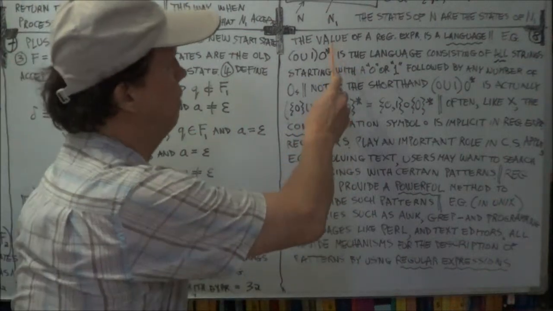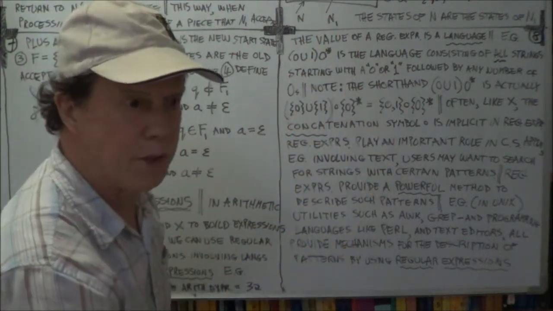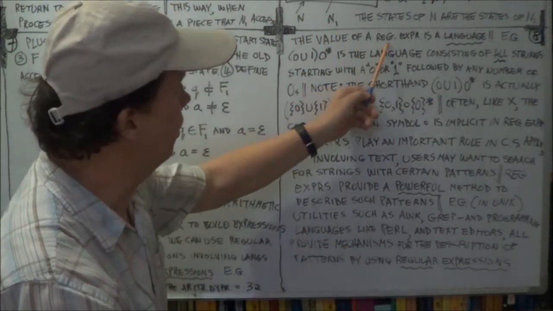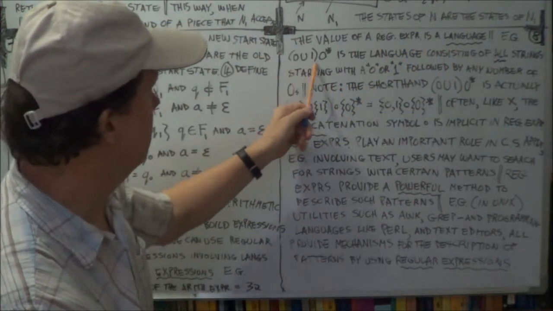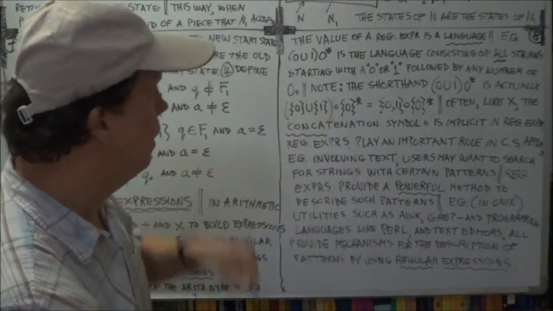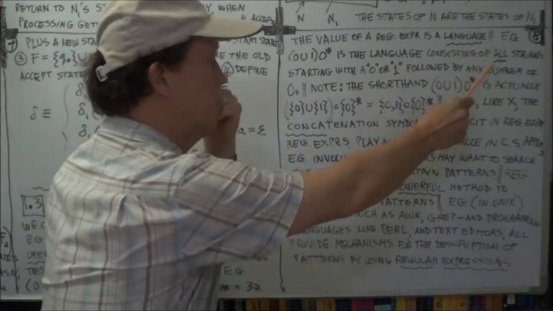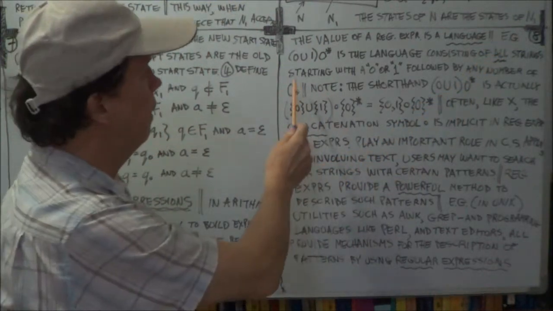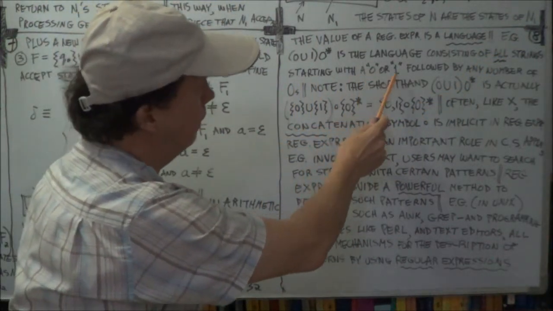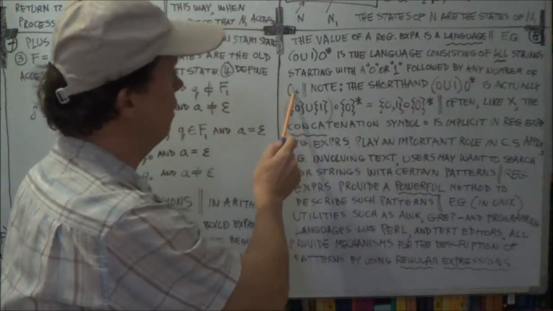Just saying, what you get after you've finished the evaluation of a regular expression is a language. And this, just shorthand, is what I was saying. It's a language consisting of all strings that start with a 0 or a 1, and then followed by any number of zeros.